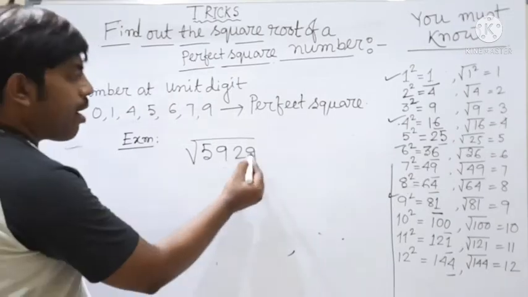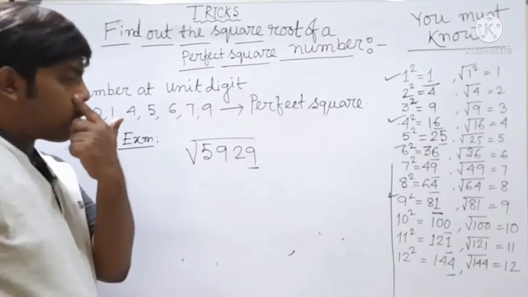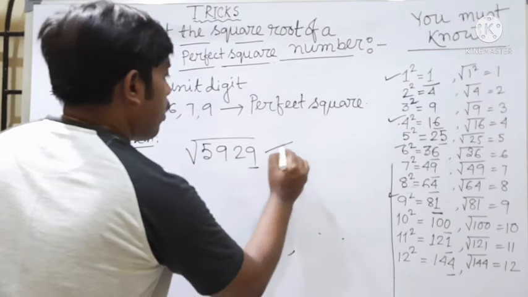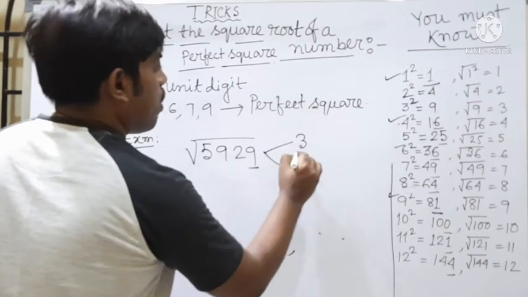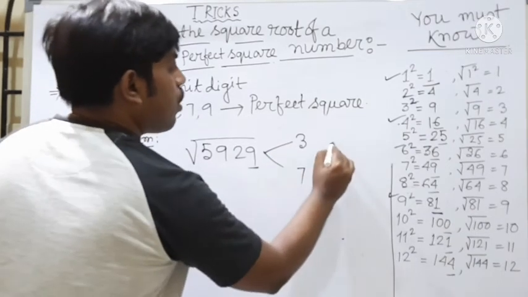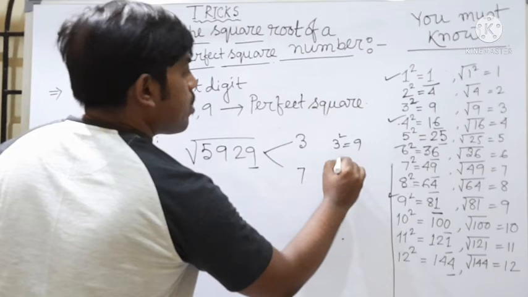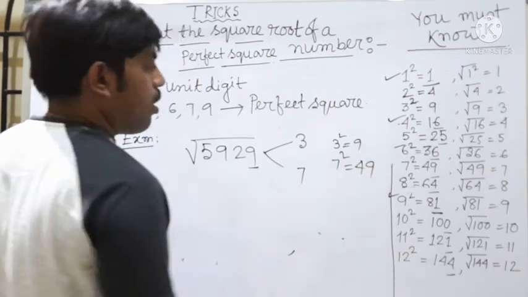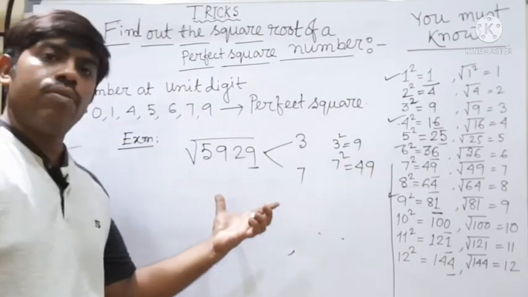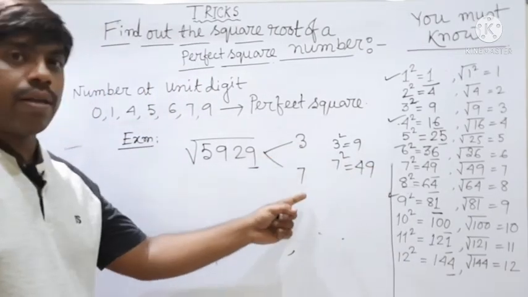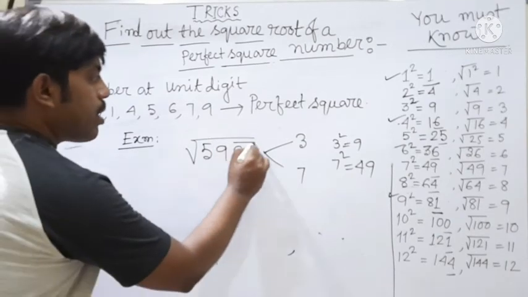Look at the number. Here the unit digit is 9. So it will be 3 or 7, because 3 square is equal to 9, 7 square is equal to 49. Okay, so it will be 3 or 7. Now we pair this number.